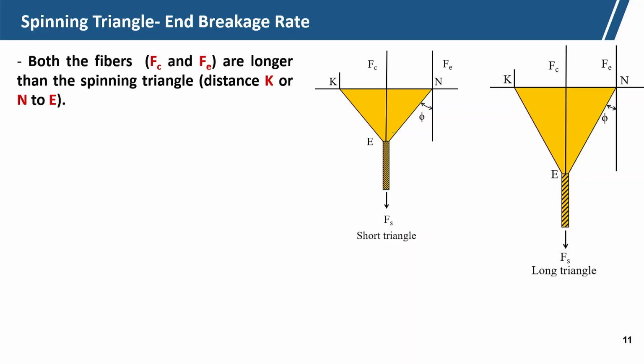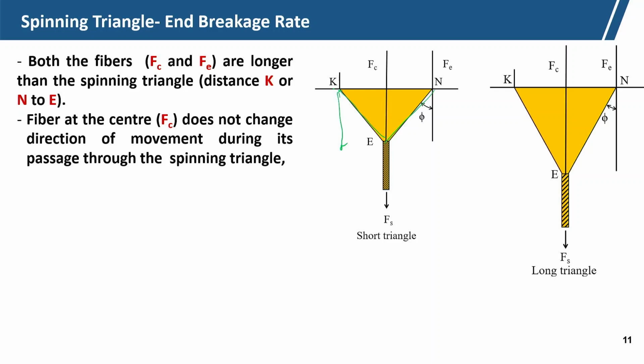This is the spinning triangle length, and the distance K to E or N to E is the distance in the spinning triangle. So, for FC or FE, their distances are longer: KE or NE.